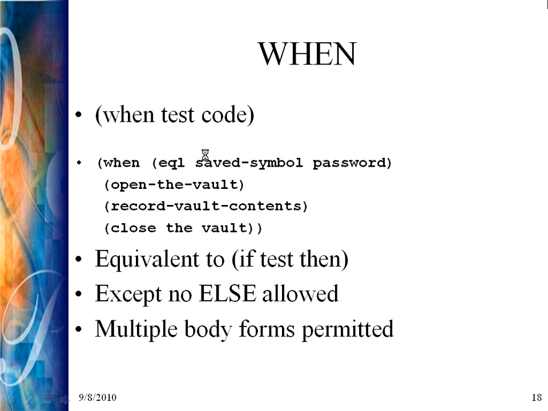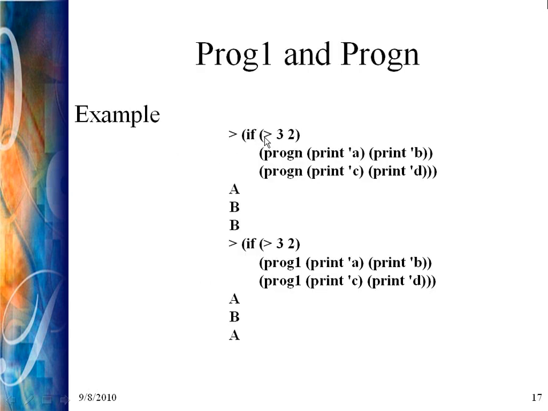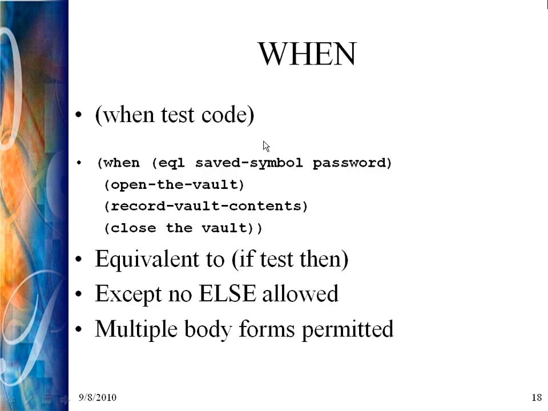So this is, in fact, more or less equivalent to if test progn form 1, form 2, form 3, etc. And it's just an easier way to write it. You don't have to put in the progn, it is put in automatically. So we're saying if save symbol is equal to the password, then open the vault and record the contents and close the vault, etc.